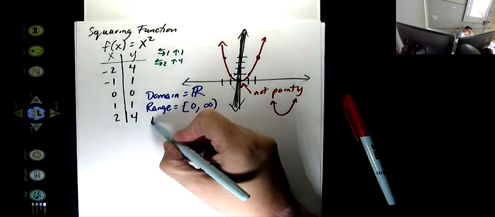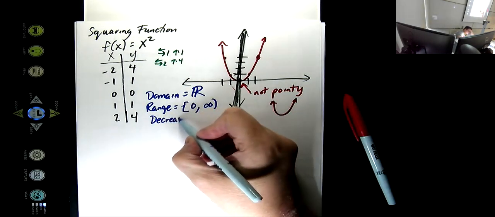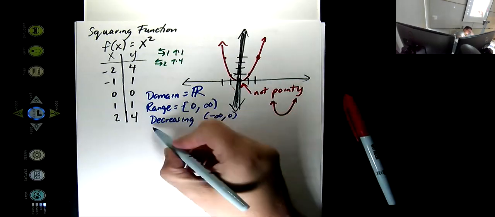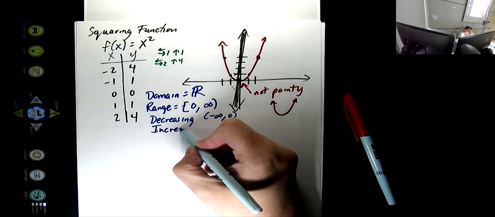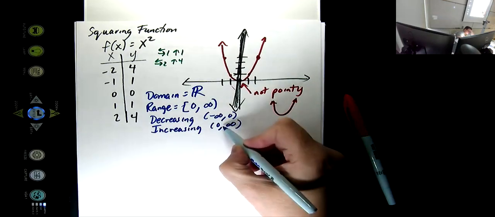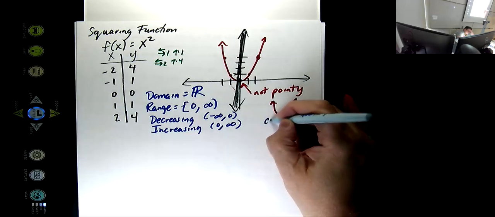It's decreasing from negative infinity to 0 and increasing from 0 to infinity. And it's continuous everywhere.